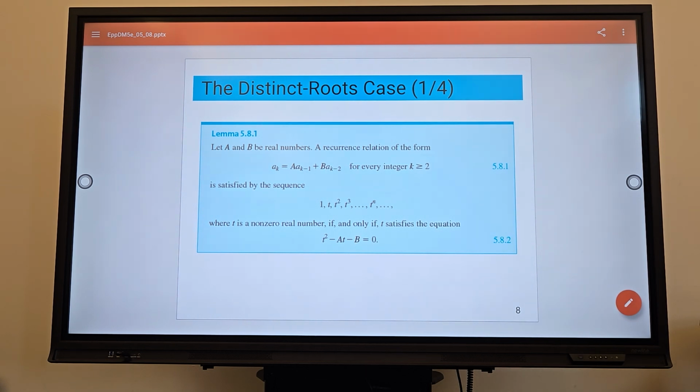A recurrence relation of the form a sub k equals capital A times a sub k minus 1 plus b times a sub k minus 2 for every integer k greater than or equal to 2 is satisfied by the sequence 1, t, t squared, t cubed, etc., t to the n, where t is a non-zero real number if and only if t satisfies the equation t squared minus at minus b equals 0.